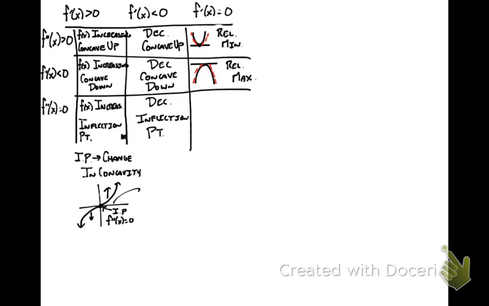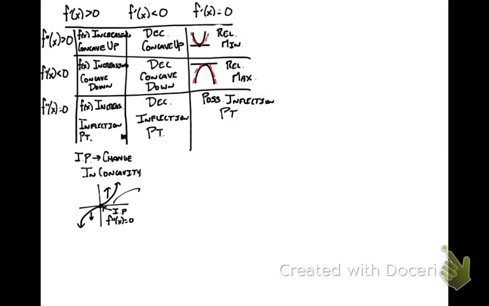Finally, if both the derivative and the second derivative equal 0, then that means the function levels off, right? And you have a possible inflection point. It doesn't have to be an inflection point in that case. There might not be a change of concavity.